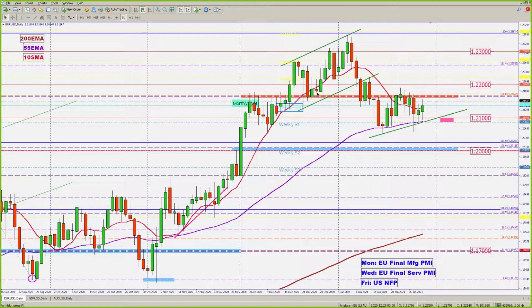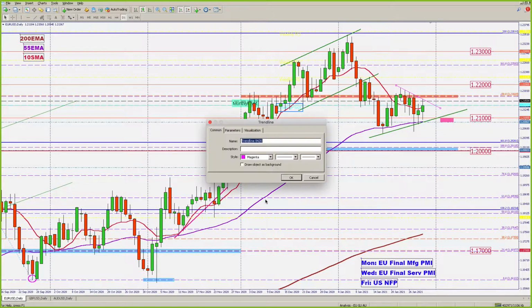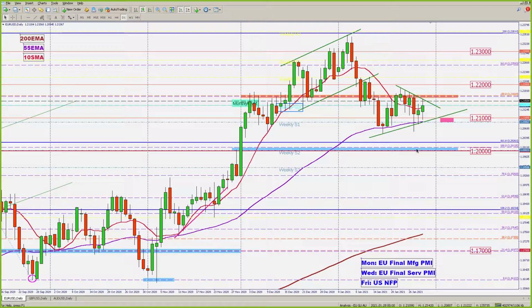And it seems to be consolidating in a slight triangle here with lower highs being formed, and also like an ascending triangle with a major horizontal resistance up here.